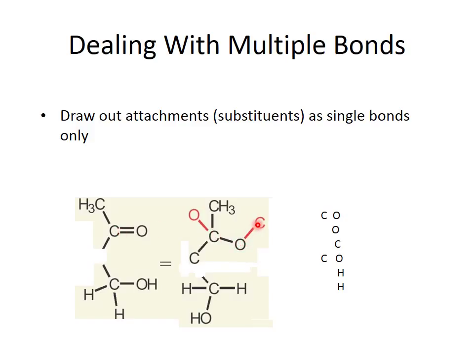So on one of the oxygens, we actually consider it to be bound back to 1 carbon. You don't really have to draw this. You can think it through, though you might find it useful to draw it out. If I go and look at this one, it's all single bonds, so it's really easy to look at it and figure it out. So now let's go ahead and look at the priorities of the atoms.